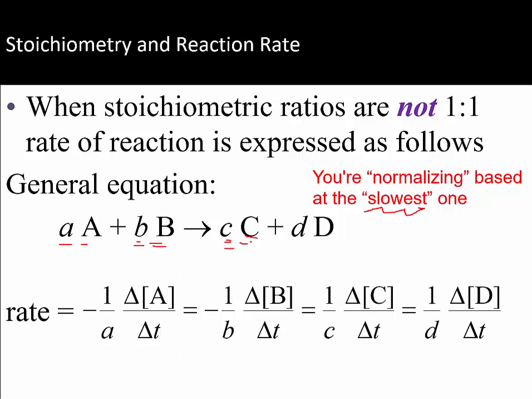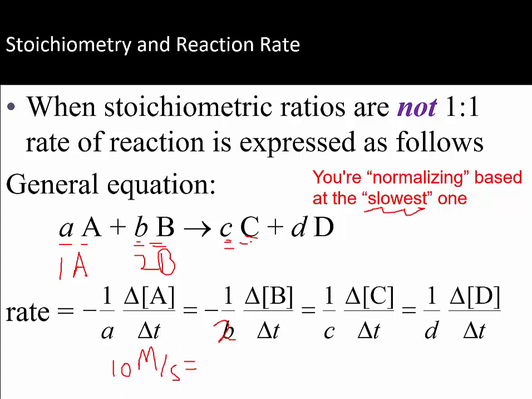And whichever thing happens slowest, we're going to say, okay, relative to that, everything else, we need to cut its speed down so that they are equal to each other. All right? So if you've got 1A and 2B as your stoichiometric coefficients, you're going to need to put this down here at the bottom. Why? Because let's say this guy is 10, and we'll put it in molar per second.